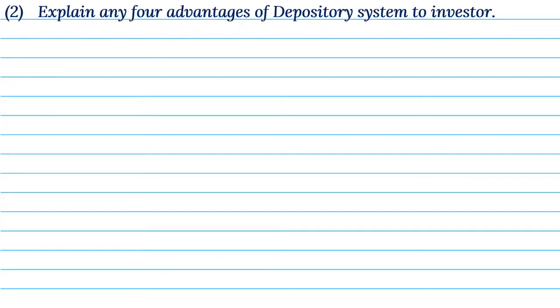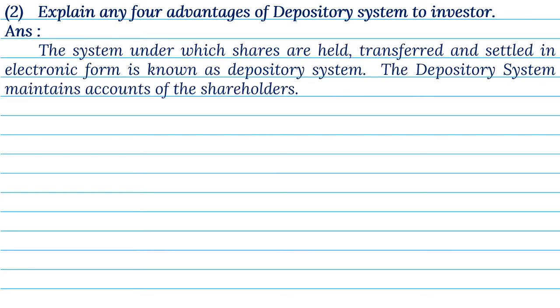2. Explain any 4 advantages of depository system to investor. Answer. The system under which shares are held, transferred, and settled in electronic form is known as depository system. The depository system maintains accounts of the shareholders.